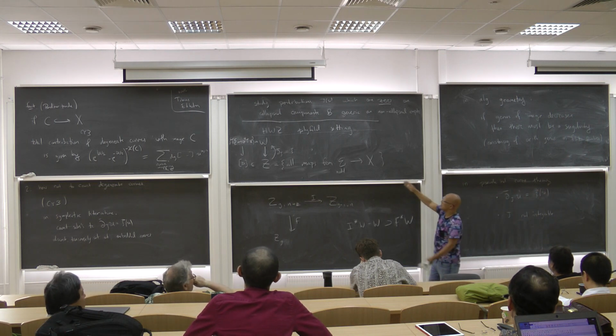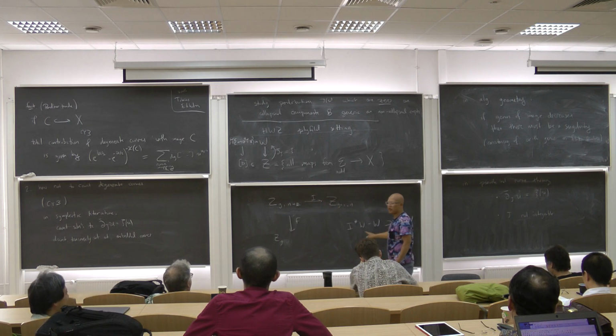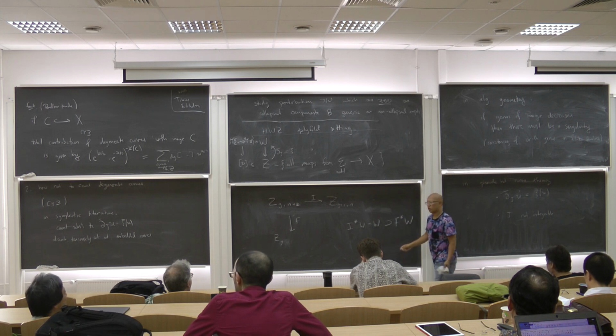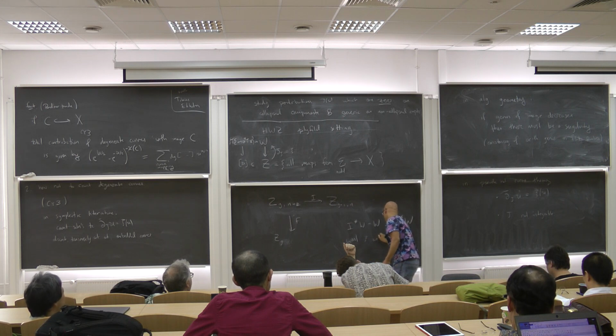So anyway, what I want to say is that one wants to choose this Xi so that it's preserved by these maps. So you want Xi with, let's pull back Xi.